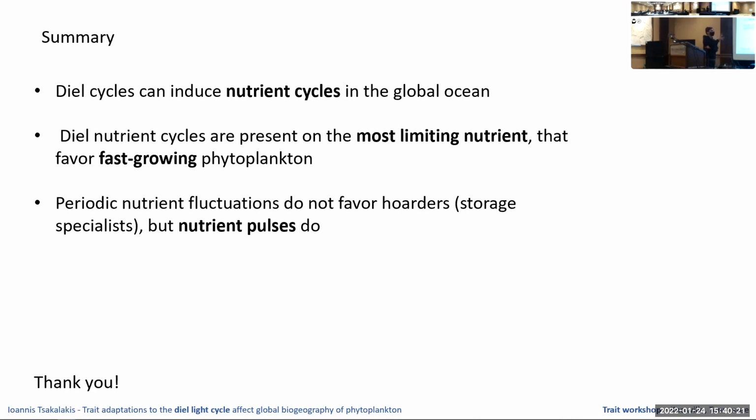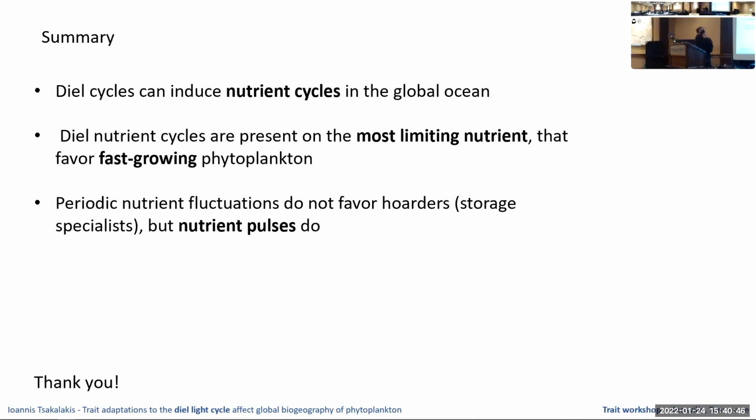The good thing about the chemostat analysis I had before, which I also studied in the global ocean model, is that in the global ocean model we have top-down control. We saw that the mechanism still holds when we have predation.